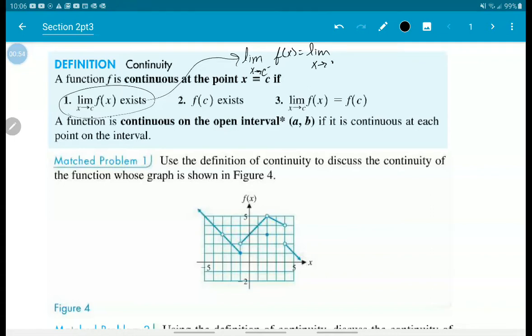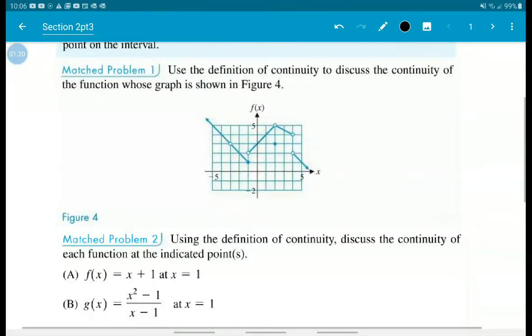So that's understood in that part of the definition. The left hand and the right hand limits have to match up, which is why the limit at c exists. Also, f of c has to exist. And then lastly, the limit as x approaches c of f of x has to equal f of c. If all three of those things happen, then we have a continuous function.